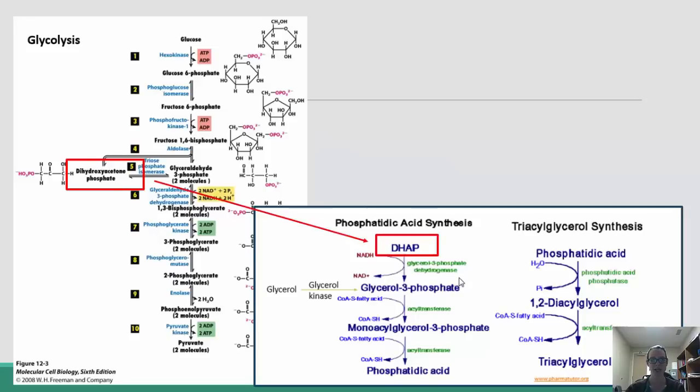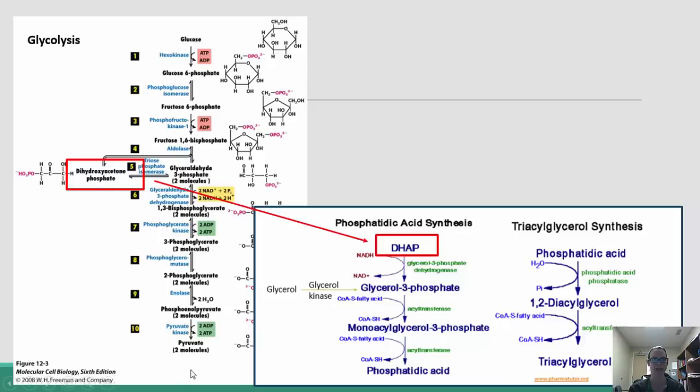Okay, so here's a figure demonstrating that. In our liver, we are able to phosphorylate glycerol in order to get our product G3P, and that can be used to ultimately synthesize triglycerides. However, we don't have glycerol in our adipose or muscle, so we need to have our precursor DHAP from glycolysis.